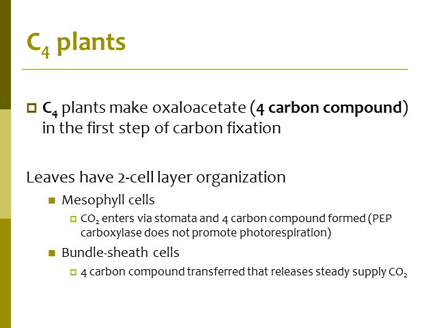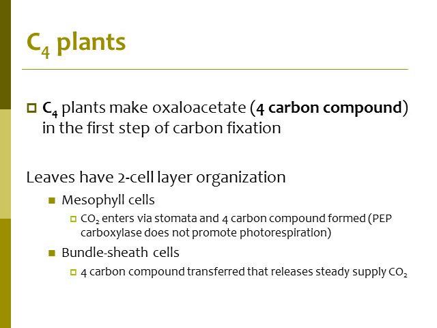So the leaves in C4 plants have a 2 cell layer organization. They have a type of cell called a mesophyll cell. This is where the CO2 enters the leaf through the stomata, those little openings on the bottom of the leaf. That CO2 is fixed into a 4 carbon compound, and this process does not promote that bad photorespiration.